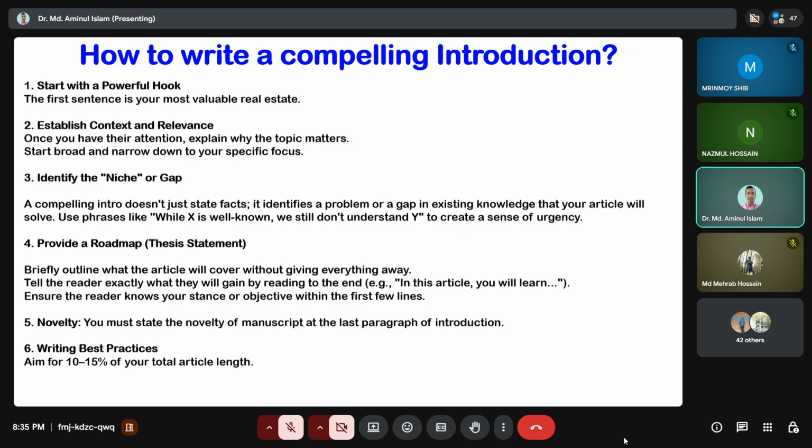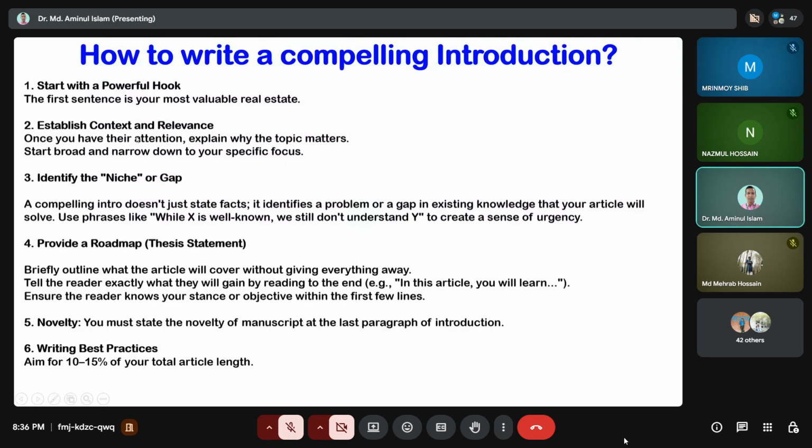So it should be authoritative and catchy so that people can easily understand. And then you need to establish context and relevance. Once you have their attention, explain why the topic matters, why your work is important.